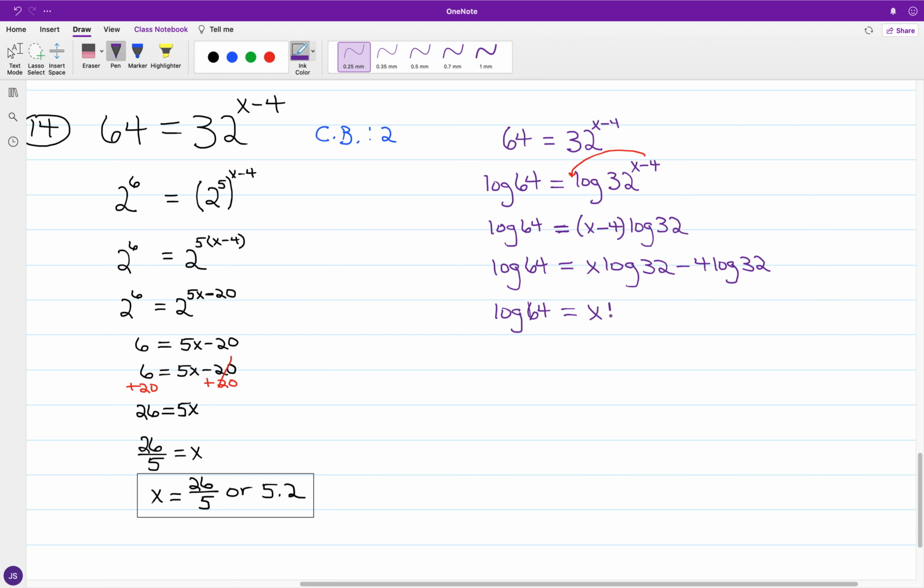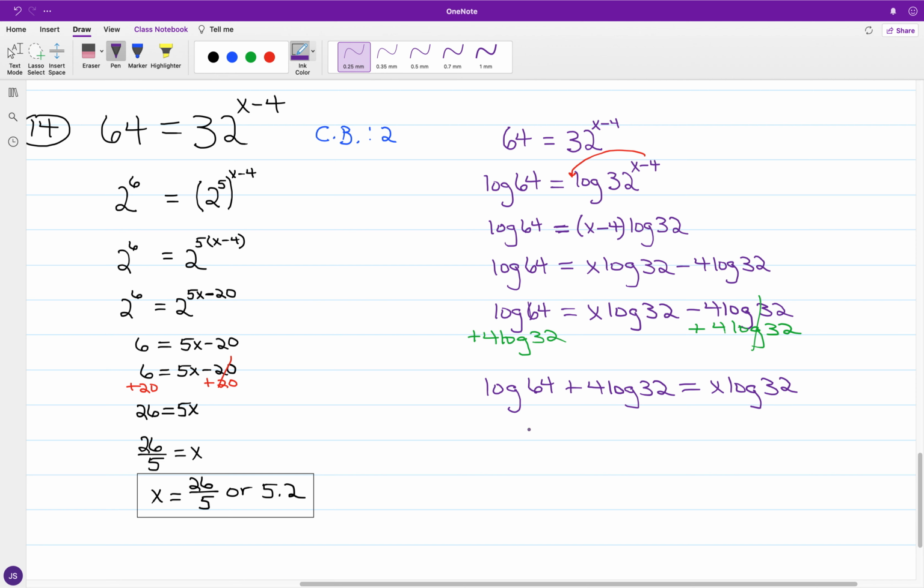And just isolating what I have in x so far. I'll just add, so we're going to have the base 10 log of 64 plus 4 times the base 10 log of 32 is equal to x times the base 10 log of 32.